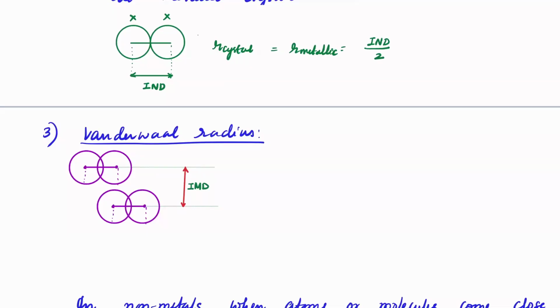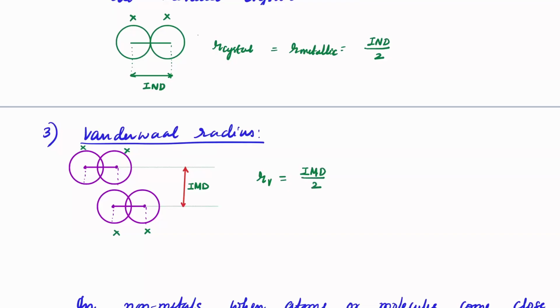Let's say this is element X and X, and this is X and X. So between the X and X of two different molecules, that is the intermolecular distance. Now, if I calculate the van der Waals radius here, R_v will be equal to the intermolecular distance divided by 2.